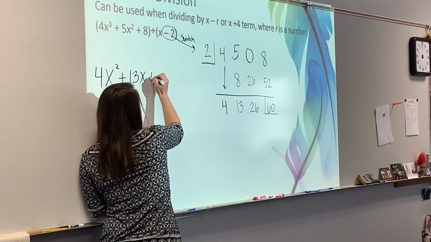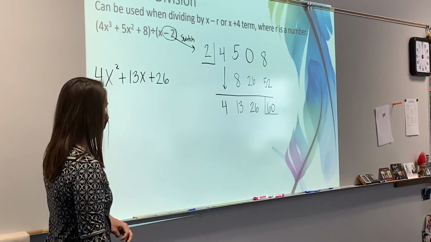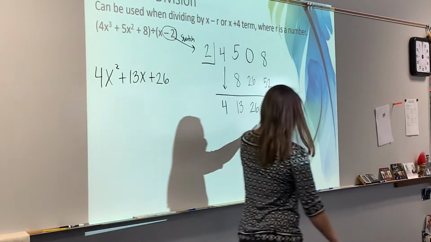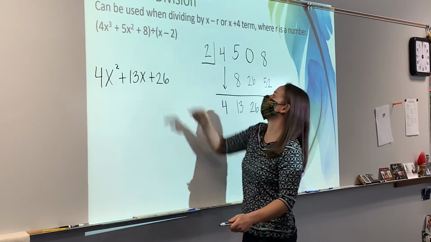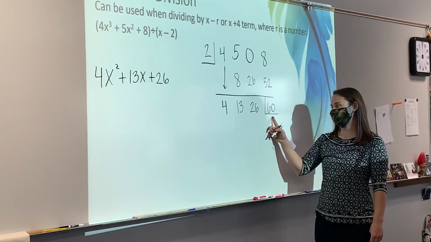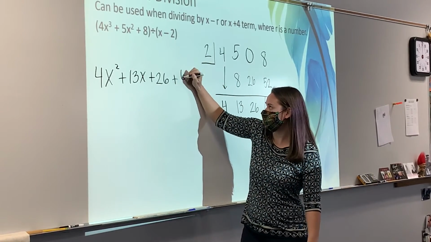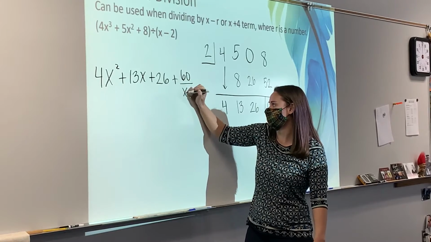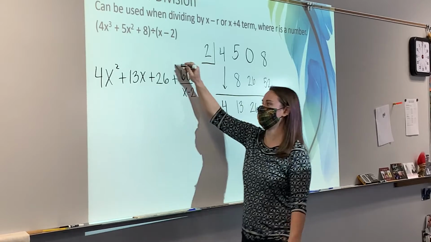Plus 26. And then this is my remainder. So any ideas how we're going to write the remainder? Exactly. Plus 60 divided by my x minus 2. And that's your final answer.